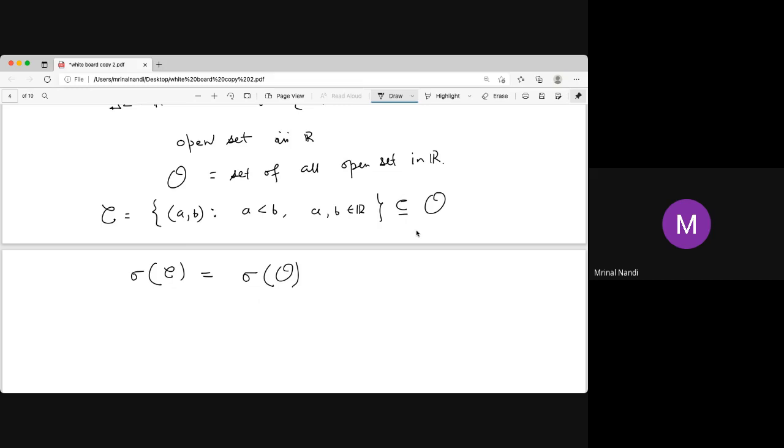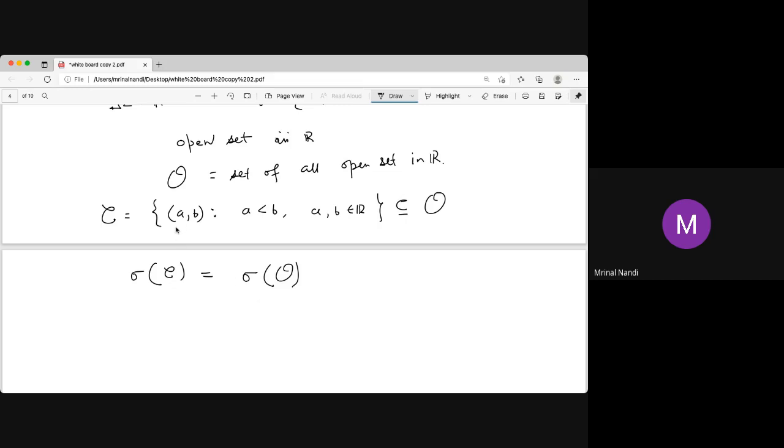So you can always write an open set as a union of open intervals in R. Since we are taking the smallest sigma algebra, and a sigma algebra contains the union of any sequence of open intervals, these two are equal.